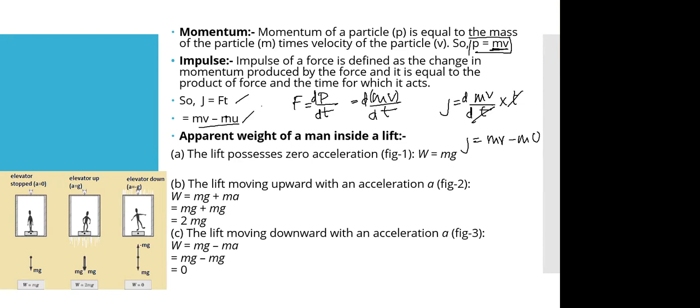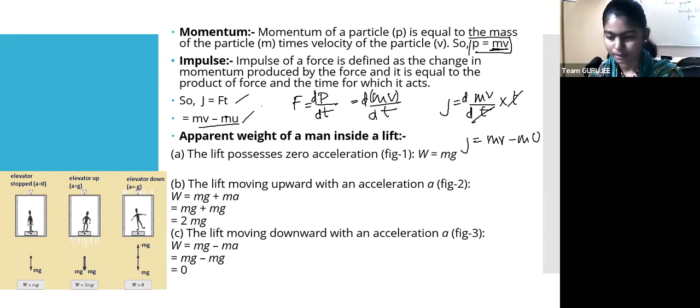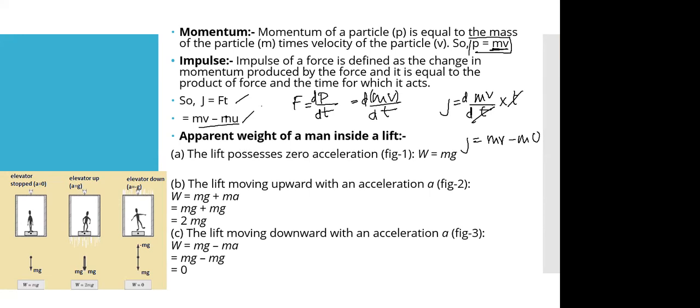Ma'am, I have another example. I don't know whether it's correct or not. Okay, go on. Example, airbag. If some accident occurs, the airbag comes out.